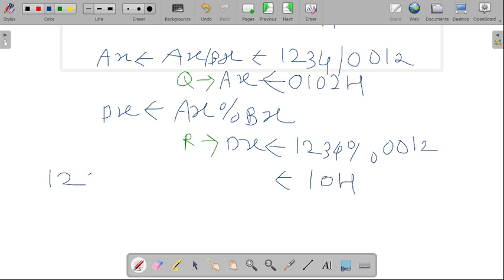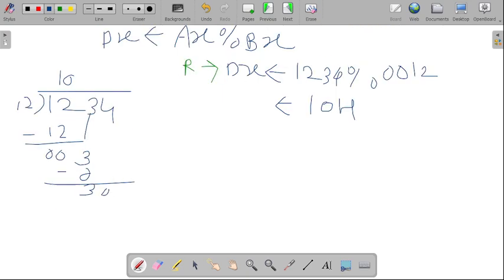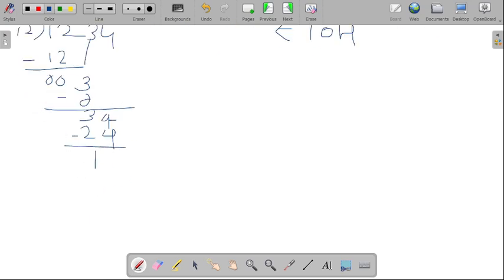So 1234 divided by 12, you get the number 12 here, then 00, then here it is 3, then 0, here I am writing 3, and this is the 4. So here you are writing 24, and you get the result 10.